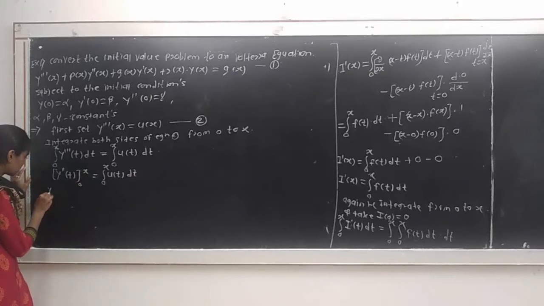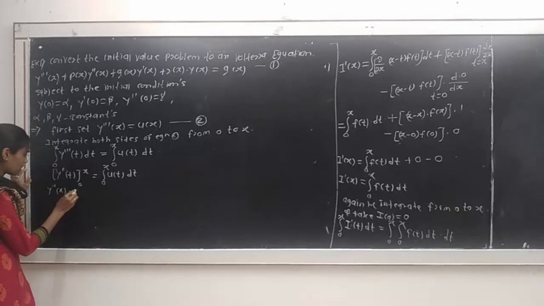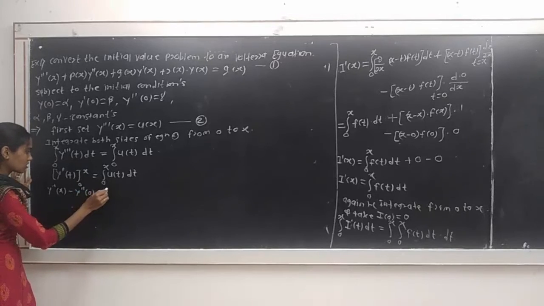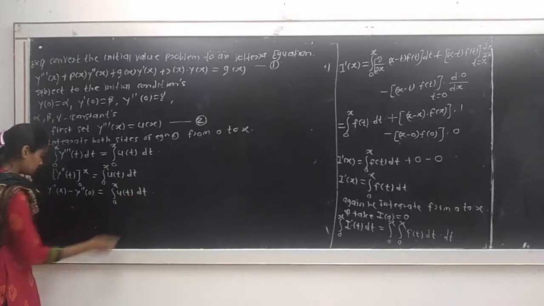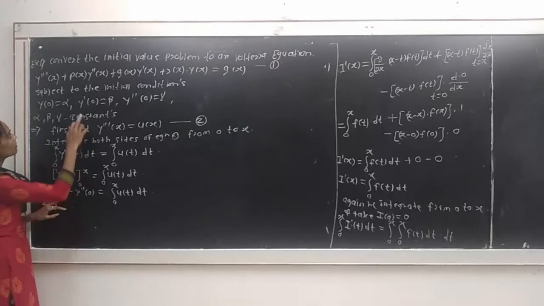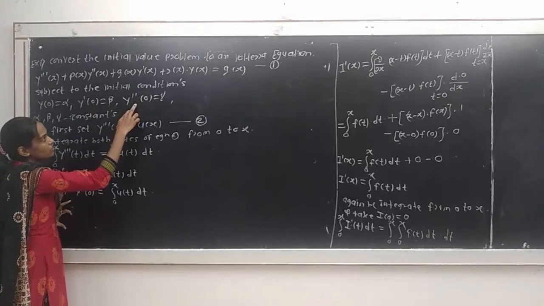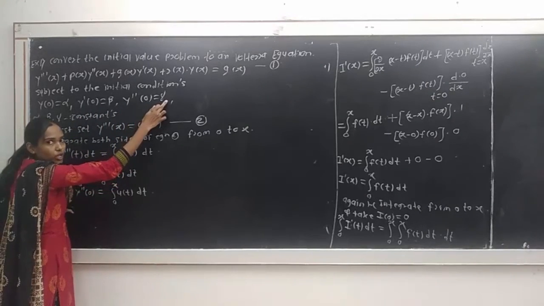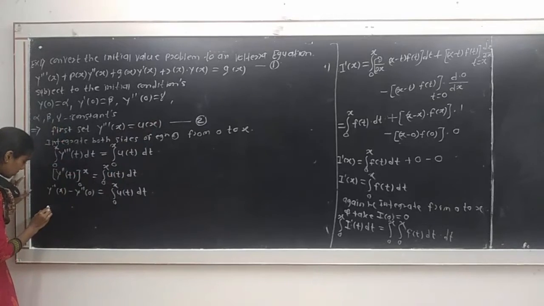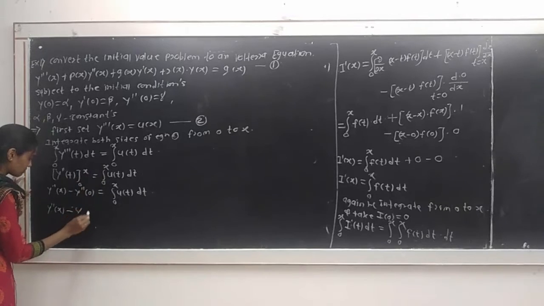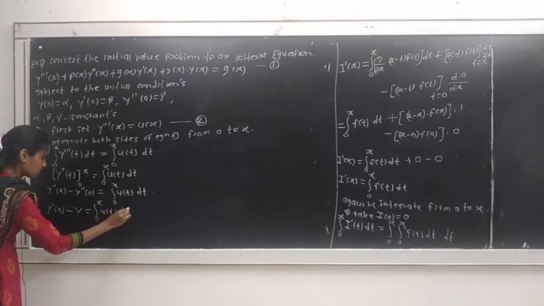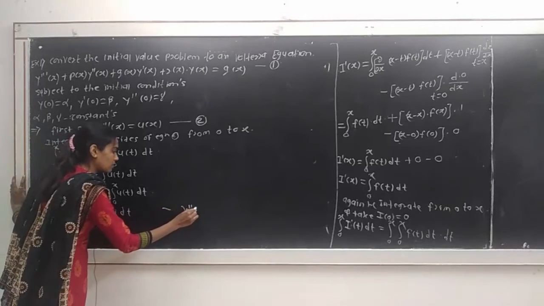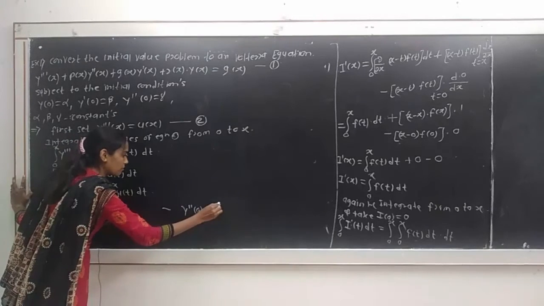If we put the limits, we get y double dash of x minus y double dash of 0 is equal to the integration from 0 to x of u of t dt. Here we use the initial condition, that is y double dash of 0 is equal to gamma. We put this condition here, and we get y double dash of x minus gamma is equal to the integration from 0 to x of u of t dt.